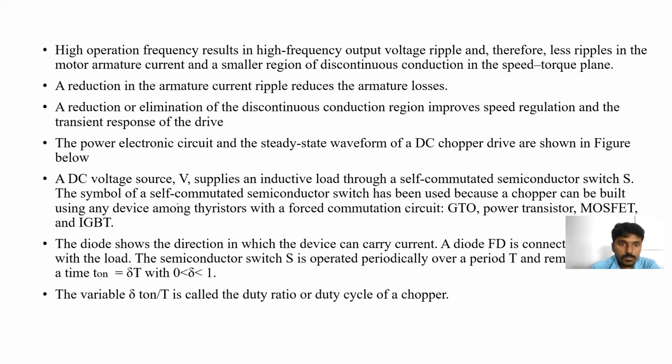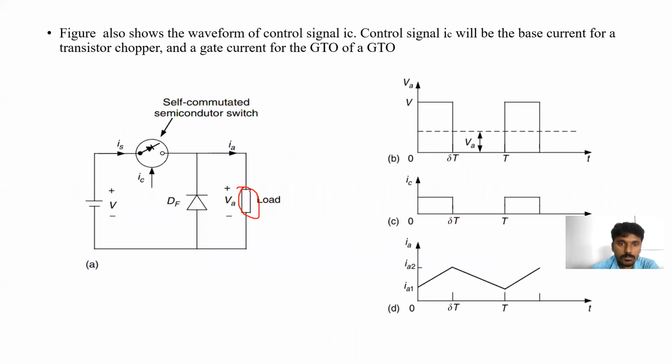The DC voltage source supplies the inductive load through a self-commutated semiconductor switch. Here the motor load is nothing but an inductive load. We are applying the supply voltage through the semiconductor switch.